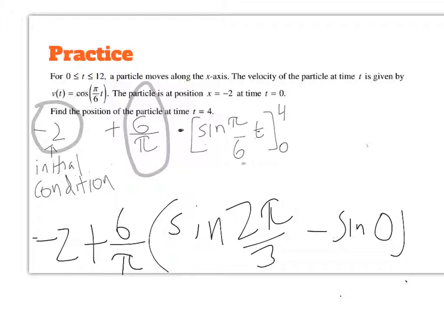And then, so sine of 2 pi over 3, that's in the second quadrant, reference angle pi over 3, so it's positive, and sine of pi over 3 is root 3 over 2.